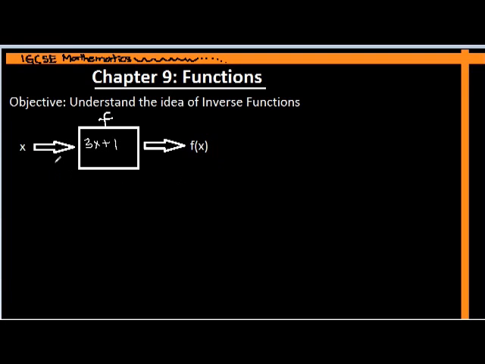This relationship between x, the equation, and f(x) can be described by using two notations. First, f(x) equals 3x plus 1, or f: x maps to 3x plus 1. Both carry the same meaning.